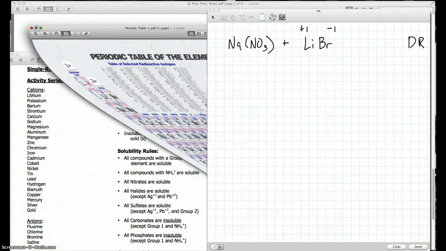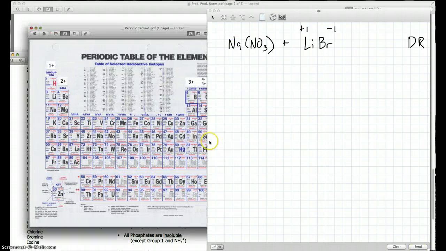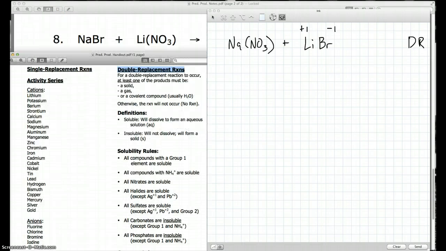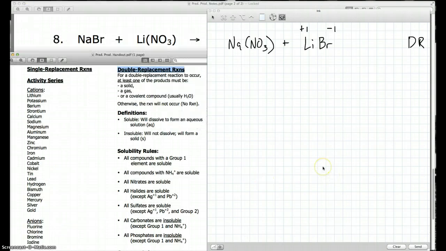We're good to go there. They cancel out. Sodium is also a +1. And polyatomic ion sheet for nitrate. Nitrate is a -1. So both of these are +1, -1. Makes it easy. Because they cancel each other out. You don't have to worry about doing any little switch trick things.